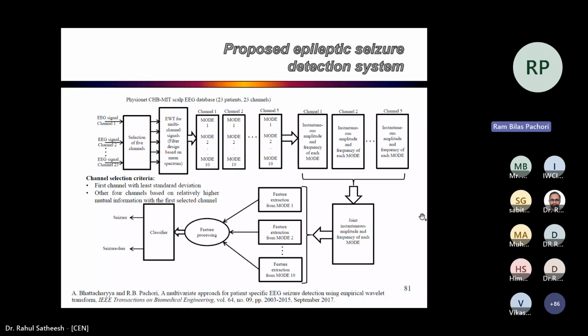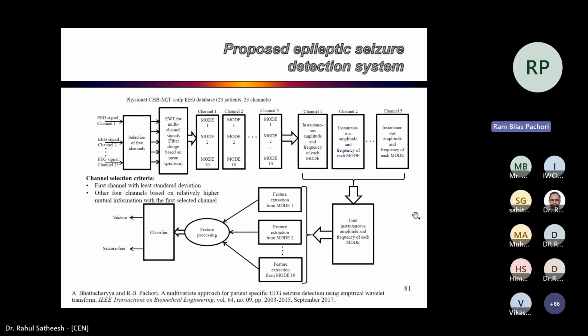So we have selected 5 channels using a channel selection criterion, which includes first the channel with the least standard deviation. After detection of the first channel, the other 4 channels are obtained based on relatively high mutual information with the first selected channel. So you have 5 channels, then we apply the multivariate empirical wavelet transform.